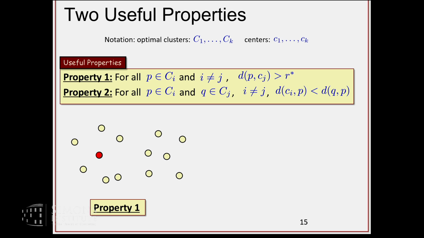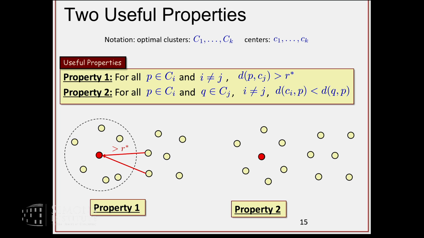Okay, so in the next couple slides, I'll tell you a couple more useful properties, and then I'll show how these lead us to an optimal algorithm. The first property is that for any point, the distance from that point to any center other than its own is greater than r star. So if we imagine some optimal cluster, the distances from the points outside that cluster to the center is greater than r star.